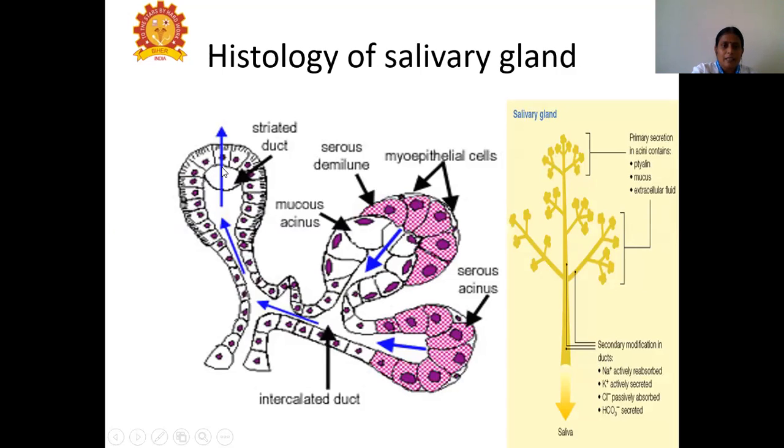The acinar cells contain zymogen granules that secrete the enzymes, and the ductal cells modify the secretion of the acinar cells. So this is the acinus, and this part is the duct.